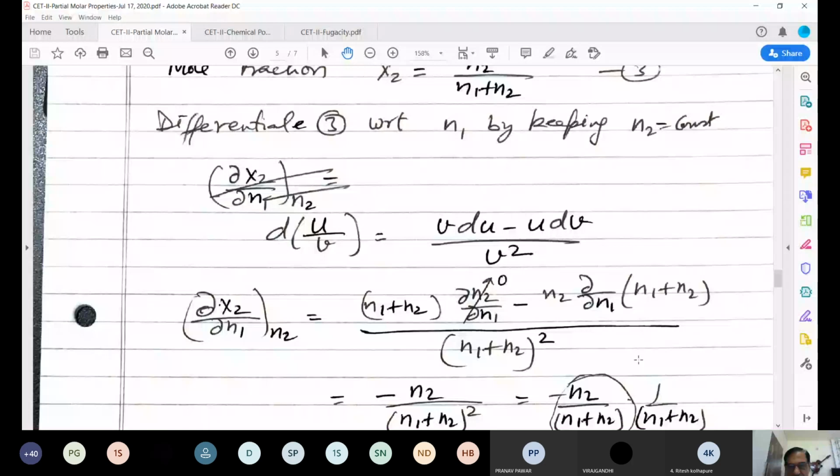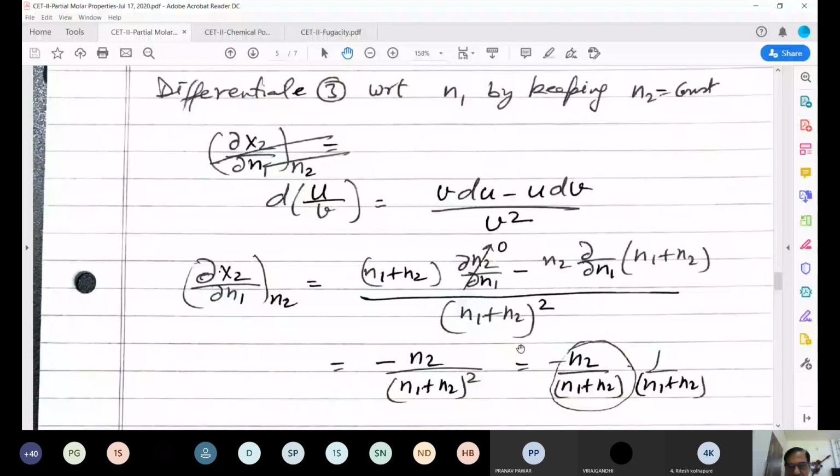So the first term becomes 0. What you get is minus N2, and if we take the derivative of N1 plus N2 with respect to N1, keeping N2 constant, you get 1. Since N2 is constant, the derivative of N2 with respect to N1 becomes 0, and the derivative of N1 becomes 1. So it is minus N2 upon N1 plus N2 whole squared.